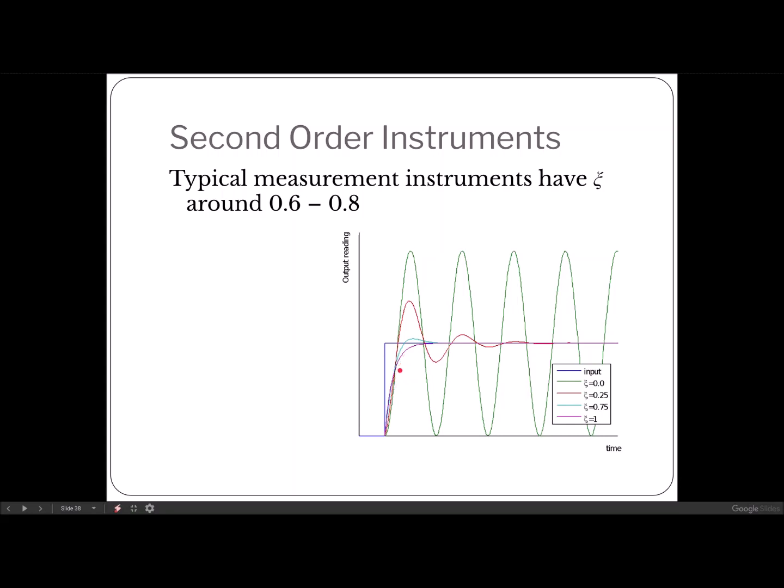But if it is too low, you will have large oscillation, which you don't like, of course. But if the eta is too high, close to 1, then the response will be too slow. You don't like it also. So typically, for a second order measurement device, the eta value will be between 0.6 and 0.8.